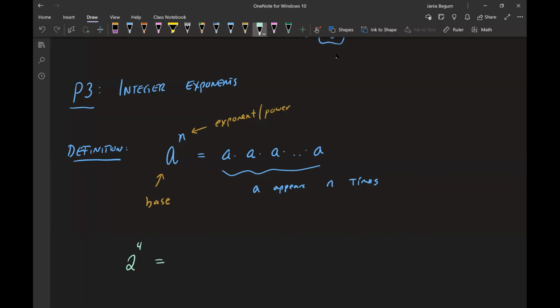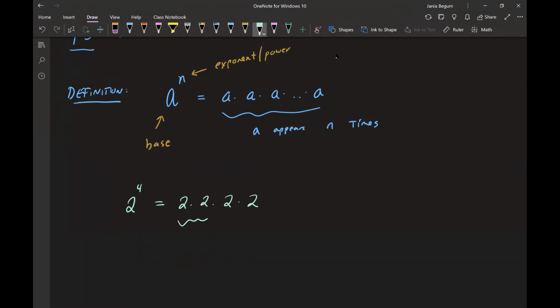The way you would expand this would be 2 times 2 times 2 times 2. So 2 appears 4 times. That's how you expand it. And then you just evaluate. We know 2 times 2 is 4, and then 2 times 2 is another 4. So 4 times 4 is 16. So 2 to the 4th power is 16. Does that make sense?